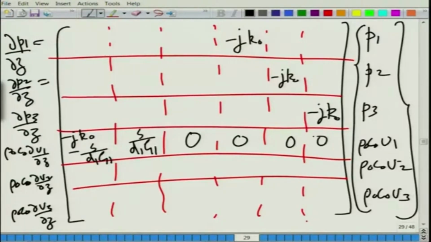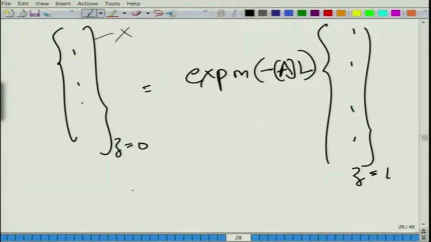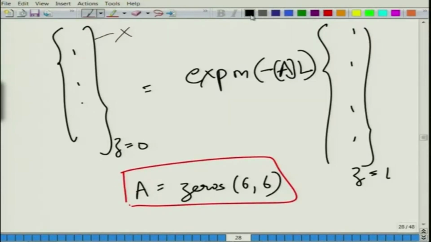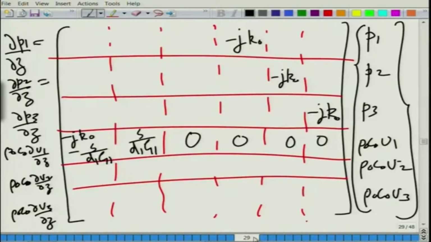So, now there is one thing that I want to introduce here. By default this A matrix is initialized at zeros, in this case 6 cross 6, something like this. Okay. So, this is what it is. Now, once we have your second momentum equation, the momentum equation in the annular duct, what do we get?